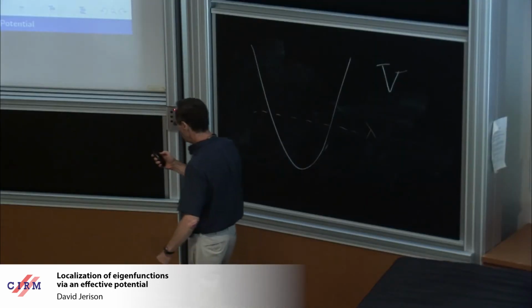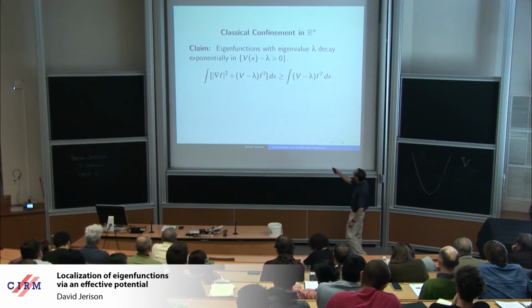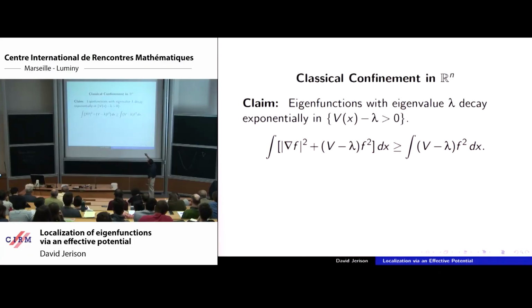All right. So this gets proved classically using the following trivial inequality. This inequality is trivial. Gradient f squared is a non-negative quantity. And so this is true, all right? That better be true.